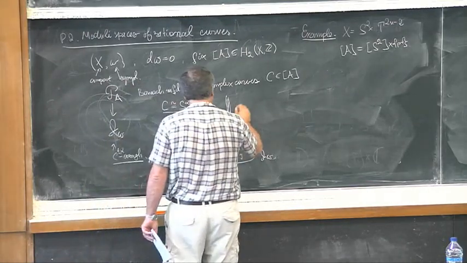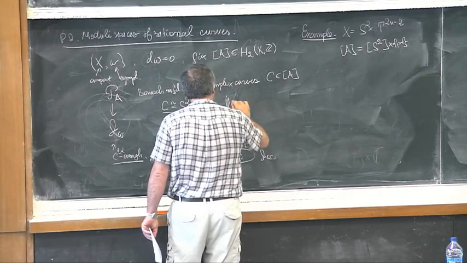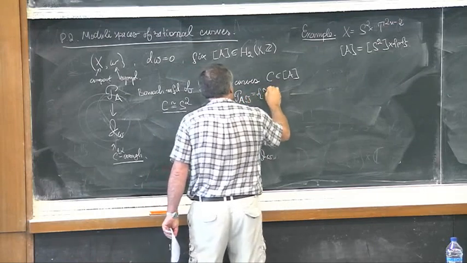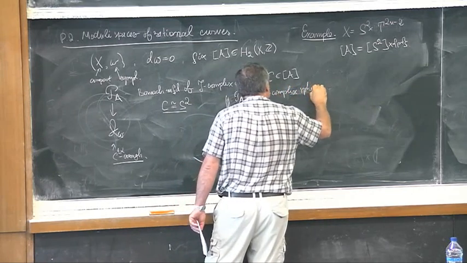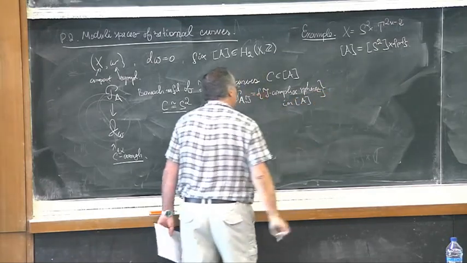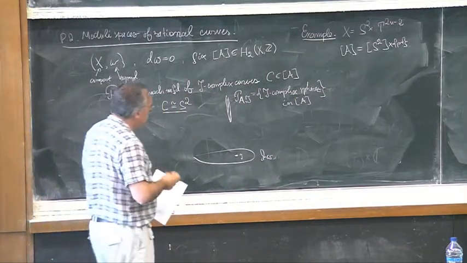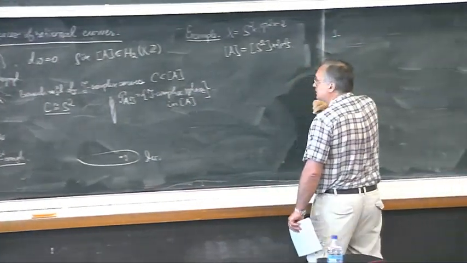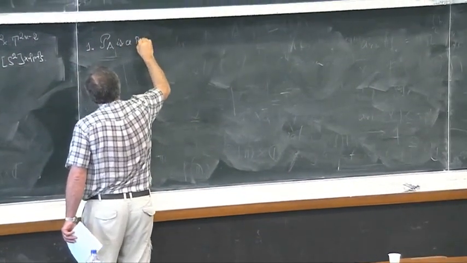We shall denote it by P, A, J. These are J complex spheres in X, which are homologous to A. So the first claim is that P_A is a Banach manifold.